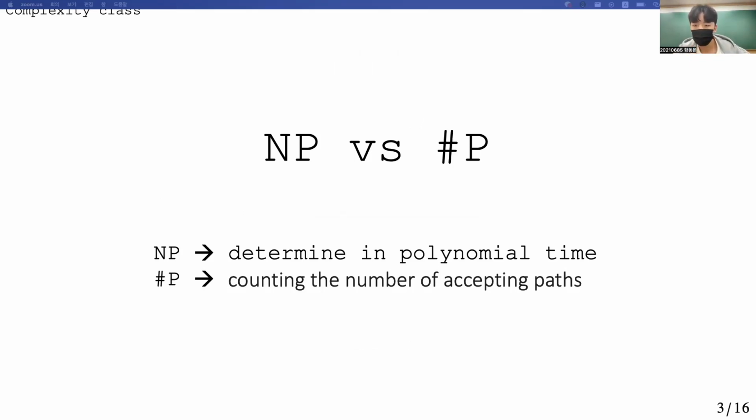Like other classes of computational complexity theory, #P is a class for function problems, not decision problems, which are generally harder to deal with than decision problems. It's not important in terms of the overall content, so I'll stop here.